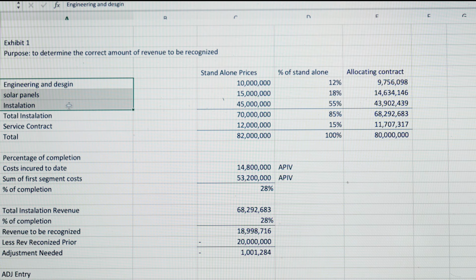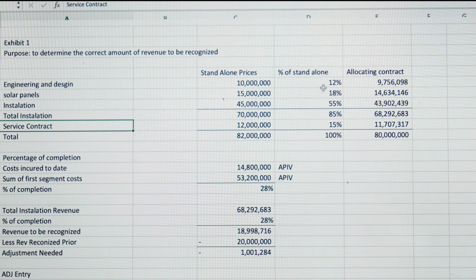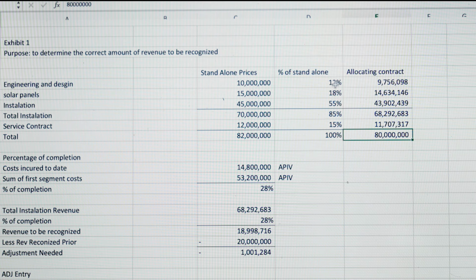This is the installation segment and this is the service contract segment. Then take the percentage of each over top of the total of standalone prices, and you'll get your segment 1 and your segment 2 here. Then you allocate the contract total price. For this case, it's 80 million, and you allocate it based on the percentage of standalone.